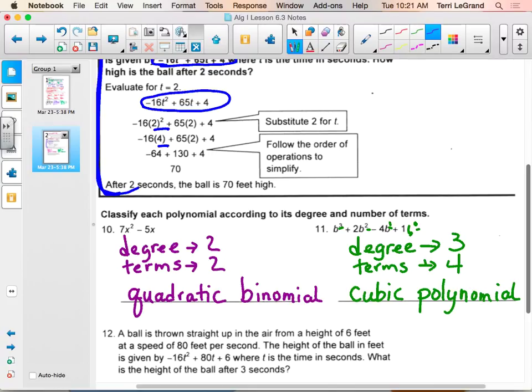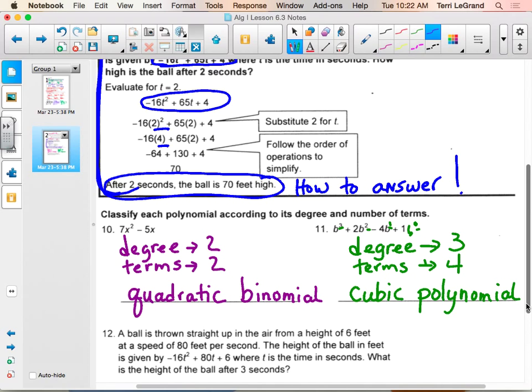After all the arithmetic, we end up with 70, which tells us that after 2 seconds, the ball is 70 feet high. We are going to answer these in sentence form like this, so maybe you should put a box around how to answer. After 2 seconds, the ball is 70 feet high.